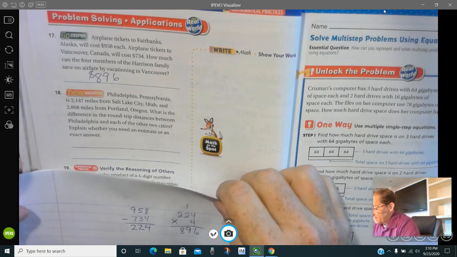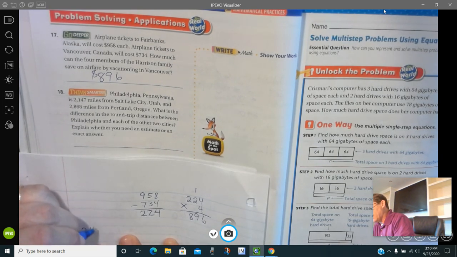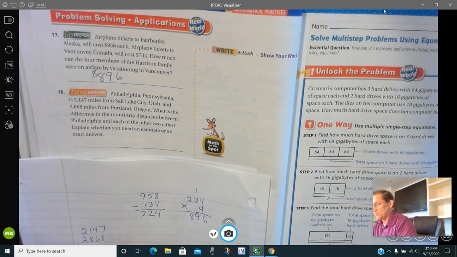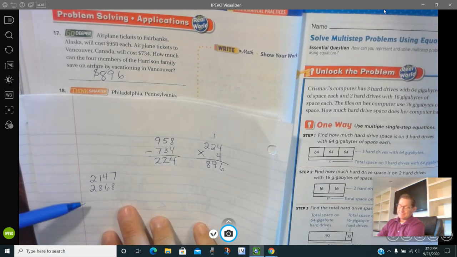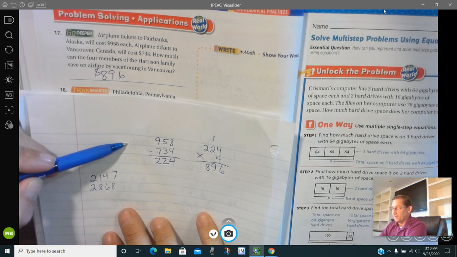So Philadelphia, Pennsylvania, 2,147 miles from Salt Lake City, 2,868 miles from Portland. What is the difference in the round trip distances between Philadelphia and the 2 cities? So isn't this the same as our last problem? Philadelphia doesn't change.